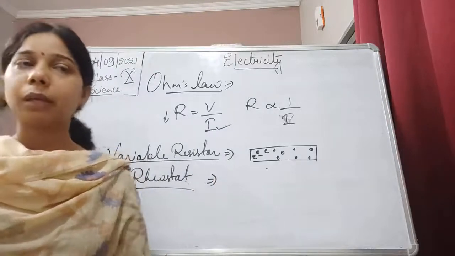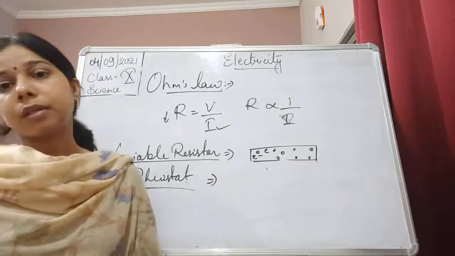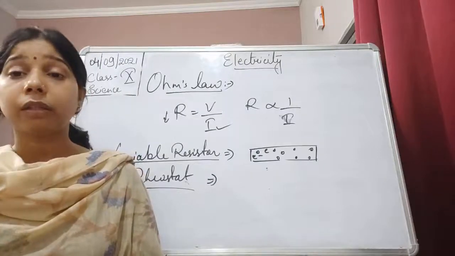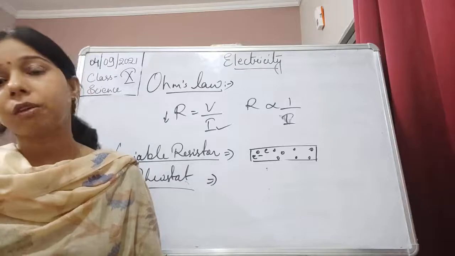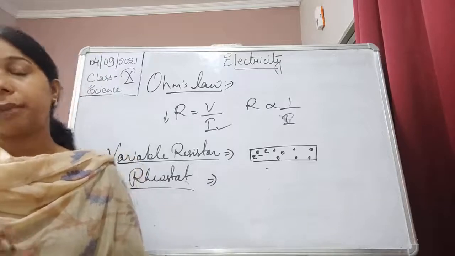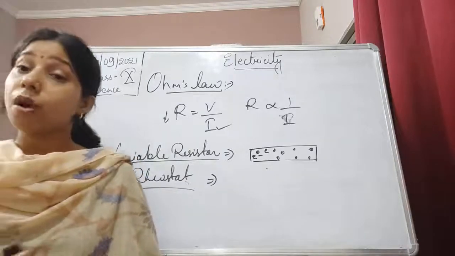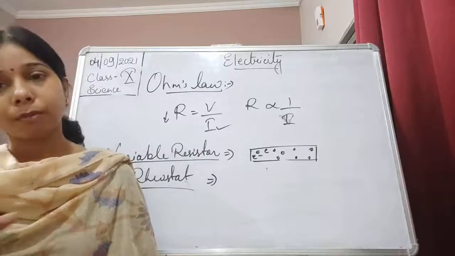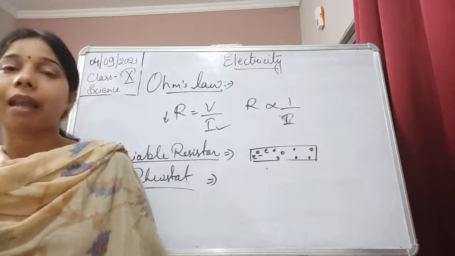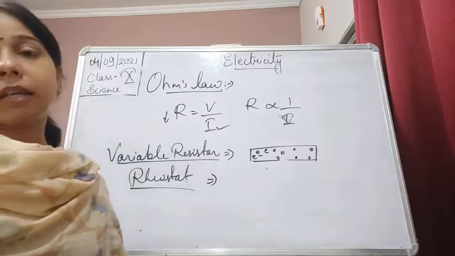So different objects provide different resistance, due to which the current we find on the ammeter also varies.